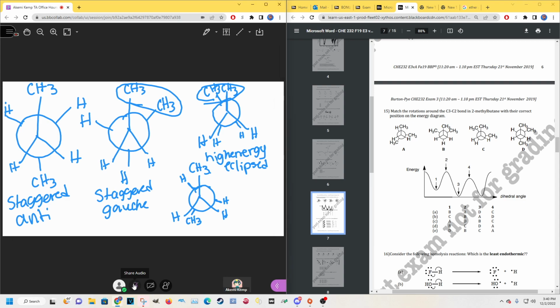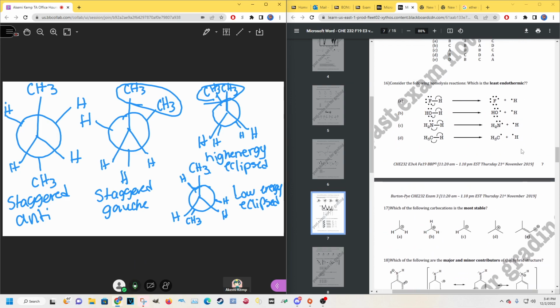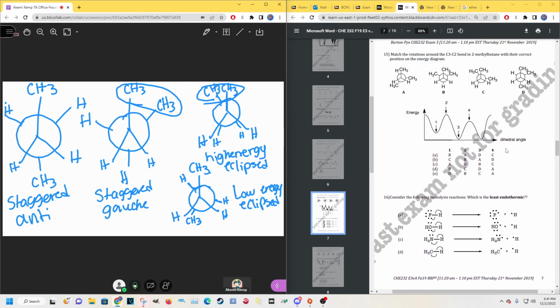This is your low energy because now the two methyl groups are away. But just remember that the eclipsed Newman projections are always higher in energy than the staggered. Within each of these Newman projections, you still do have relative energies, of course. The staggered anti will always be the lowest energy conformation.